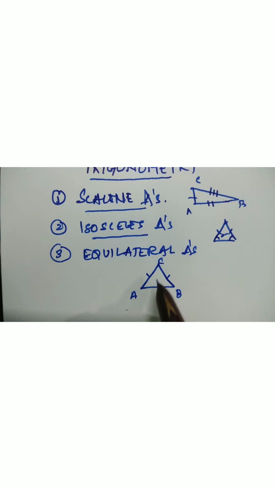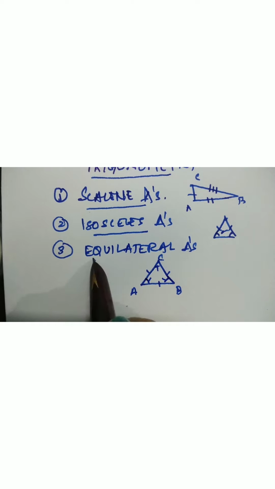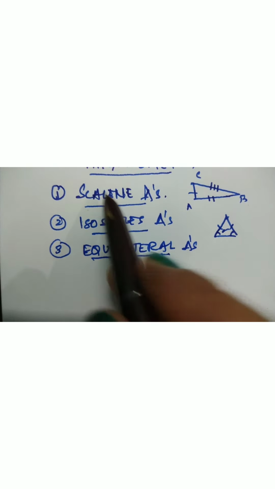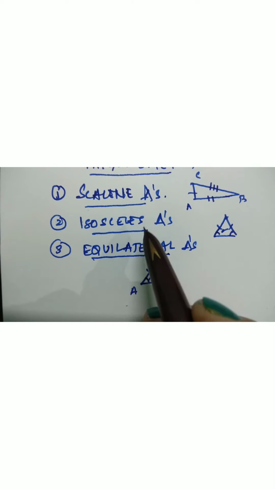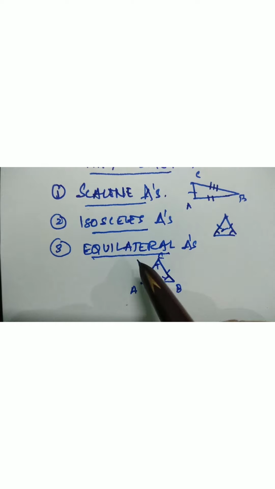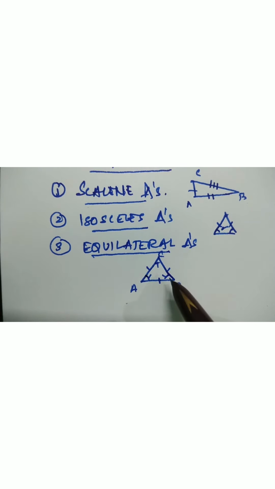The three lengths are equal, then definitely all these three angles, angle A is equal to angle C is equal to angle B. Such types of triangles are called equilateral triangles. These three are all about the different types of triangles based on the length of the sides.